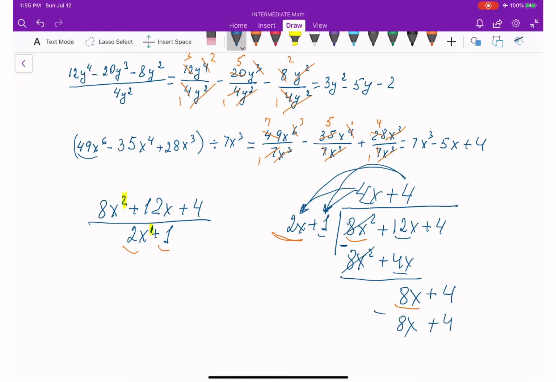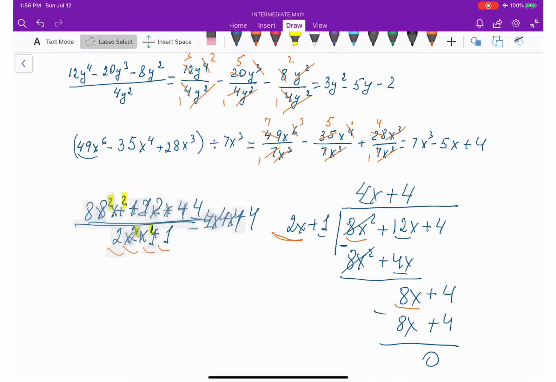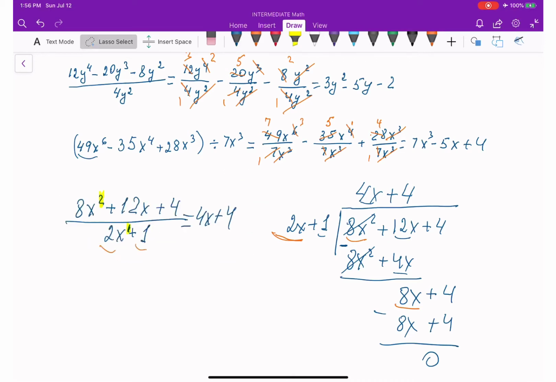So when I subtract, I will get 0. Therefore, the answer is going to be 4x plus 4. All right? That's the first division. 4x plus 4.